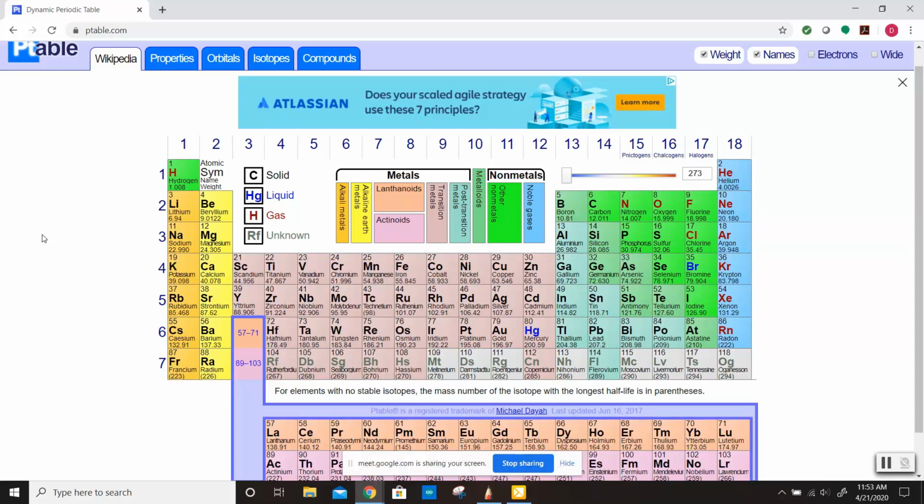I sometimes misspeak, so there's a chance that I might have misspoken, but carbon and carbon have to share. There's no way that one of them donated an electron to the other.